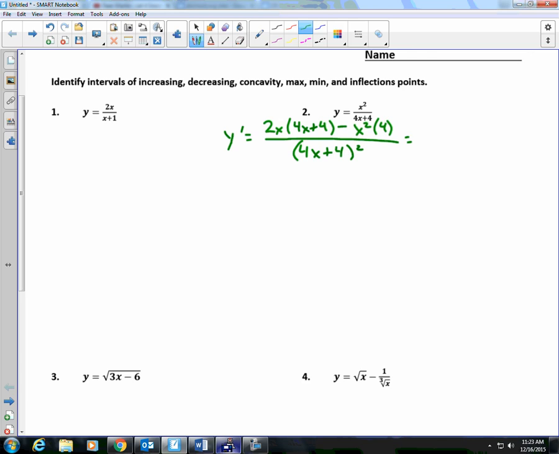I distribute through: 2x times 4x is 8x squared, and then a minus 4x squared, so I will have 4x squared, and then my linear term will be 8x, divided by (4x plus 4) squared.